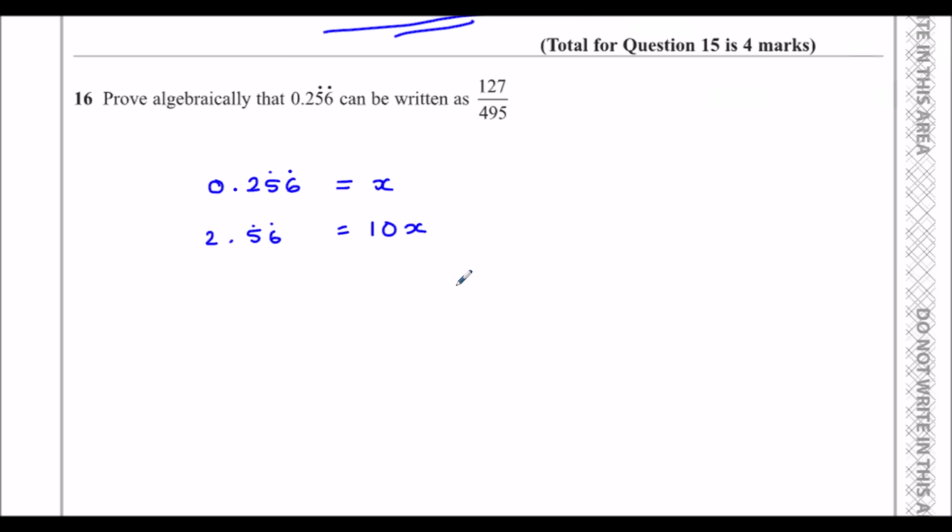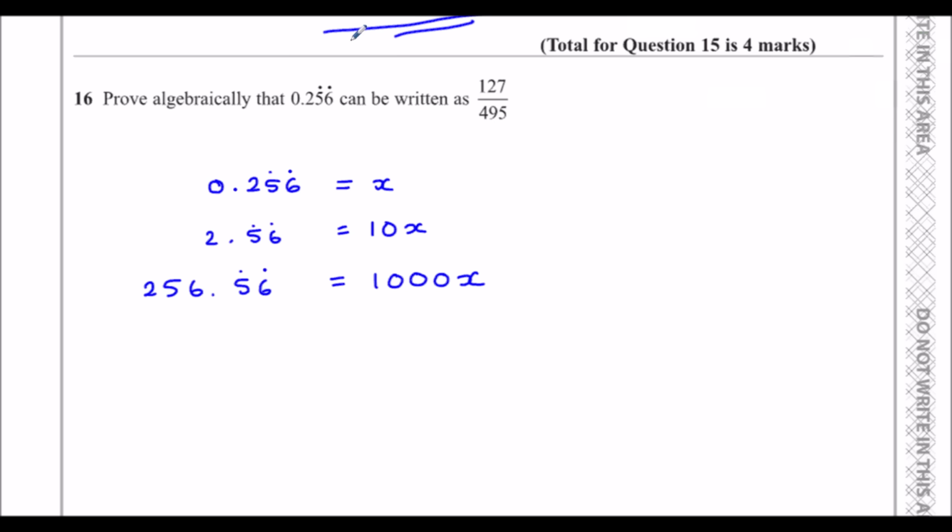And then if we multiply that by another 100, we want 256.56 recurring. So that would be 1,000 times the original, 1,000 x's to get 256.56 recurring.